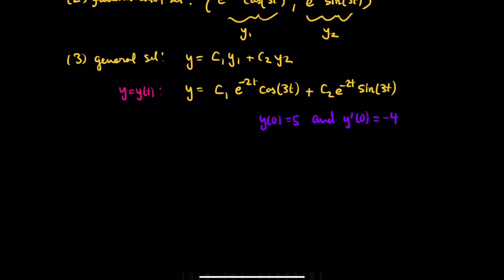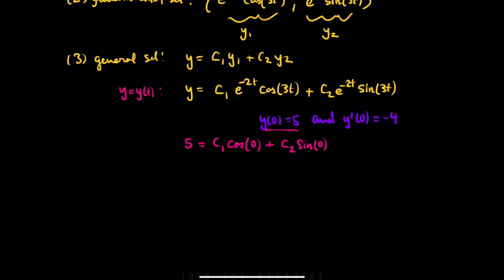Okay, and so now we just got to plug in this thing. So 5 equals c1 e to the minus 2t, e to the 0 basically, and that's just 1, and cosine of 0 plus c2 e to the 0 again, which is 1, sine of 0.